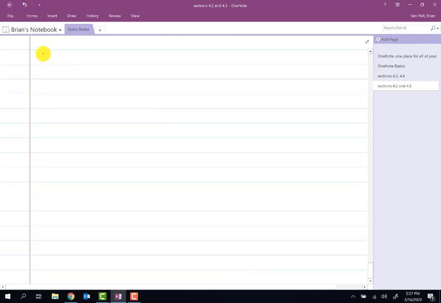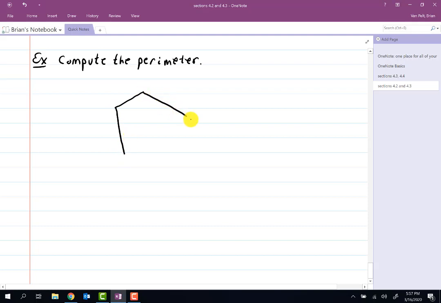So I'll do one example here. Compute the perimeter. And the figure I have is going to look like this. And the lengths that I have, here's 3 3/4 meters.